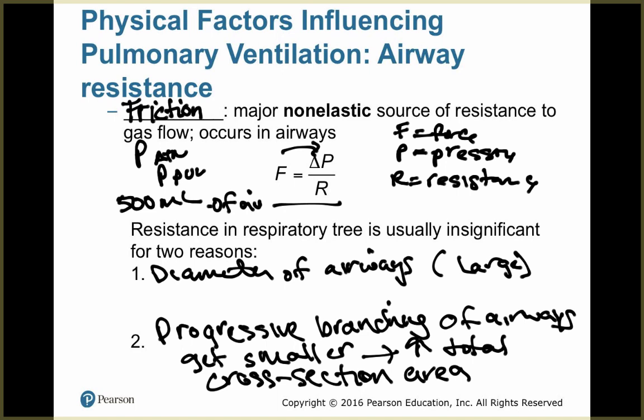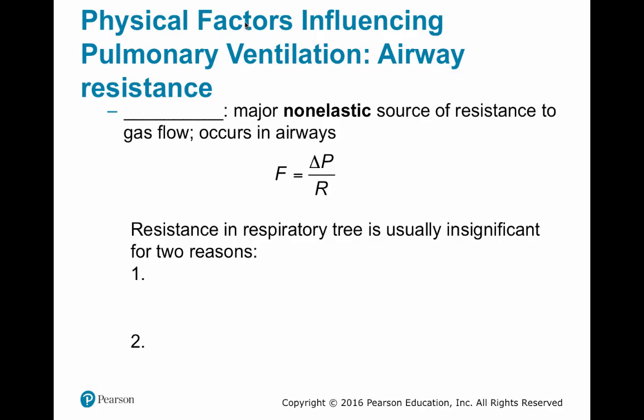And so any resistance that we generally see tends to be in the bronchi. Not at the beginning, because the areas are so big. Not at the terminal bronchioles, because we're having diffusion happen with the gas, so the gas is moving away. So essentially most of the resistance we see is in that middle area. So it tends to not be a really big problem in the respiratory tree.